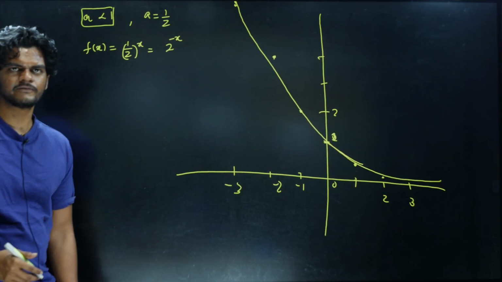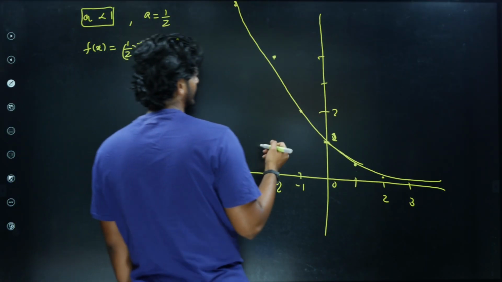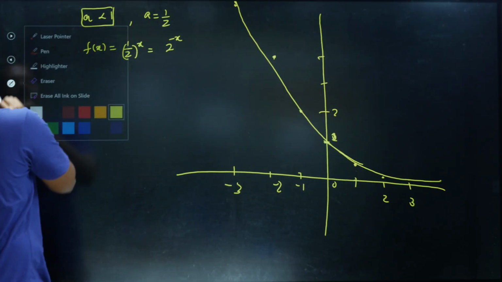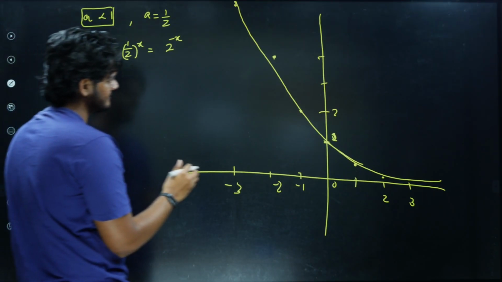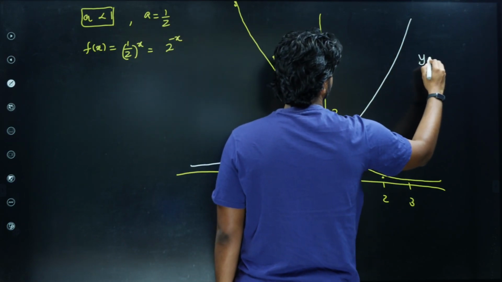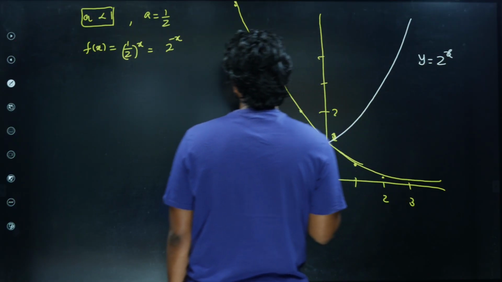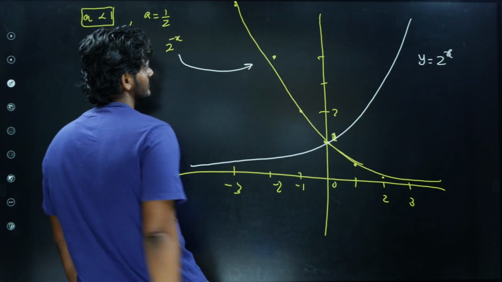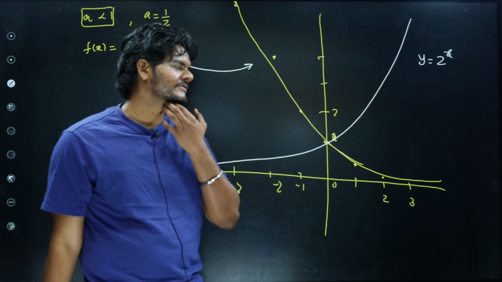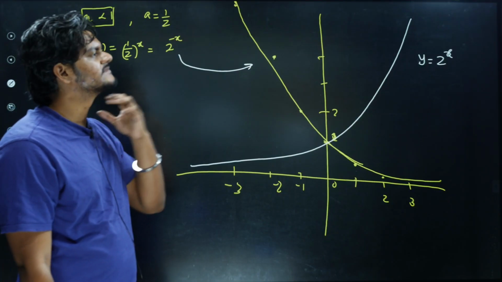This is the graph of 1 by 2 power x. So it is basically a flip of the graph y equal to 2 power x. This is y equal to 2 power x, and this is y equal to 2 power minus x. That's it. This is a flip of this graph, so that you must understand.